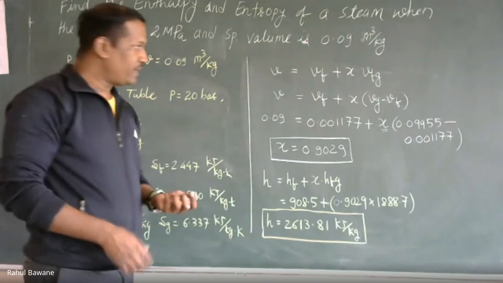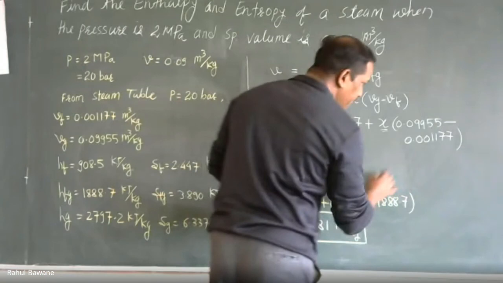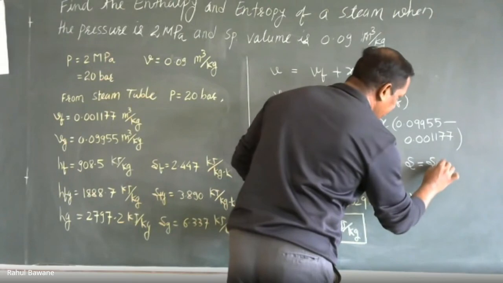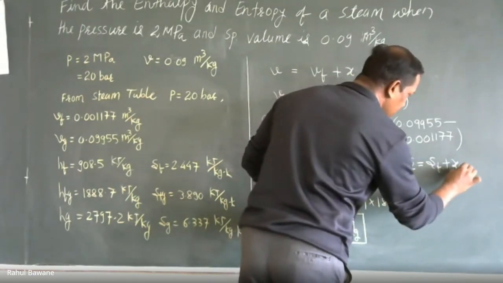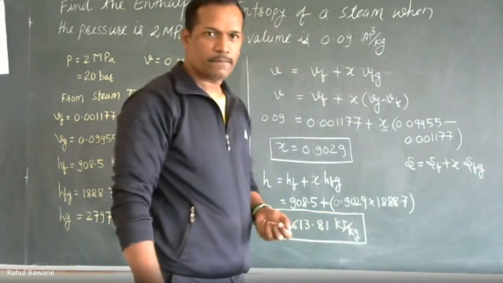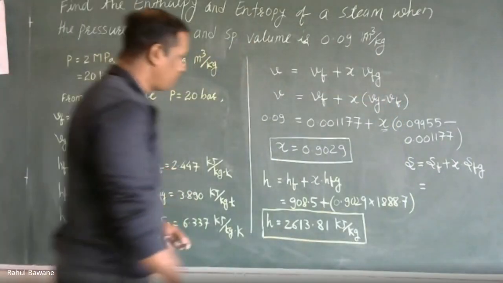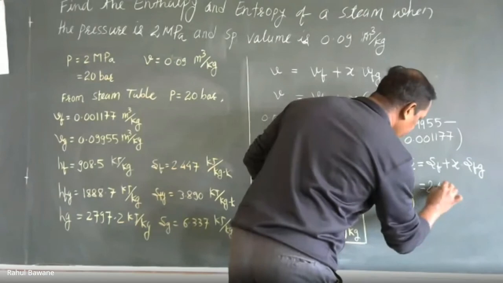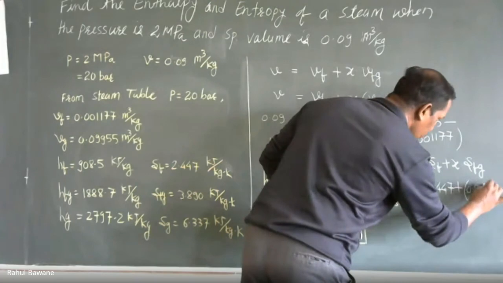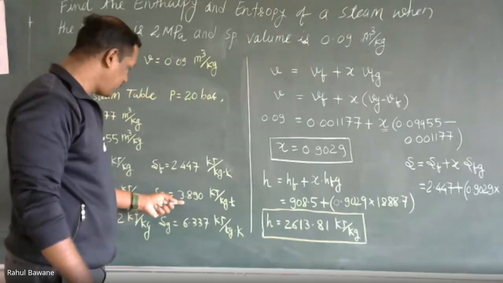Now in the same manner, we can calculate entropy. Specific entropy will be entropy of fluid plus X, the dryness fraction, into entropy of fluid and gas. Entropy of fluid is 2.447, plus X, 0.9029, multiplied by SFG, which is 3.890.